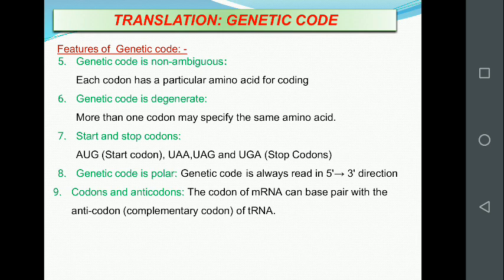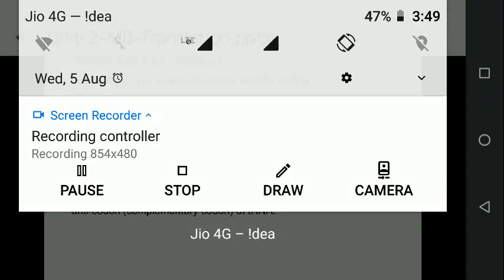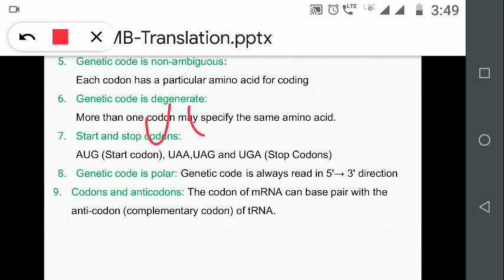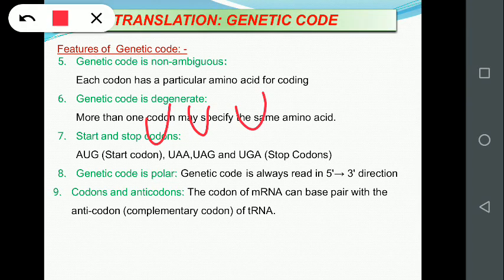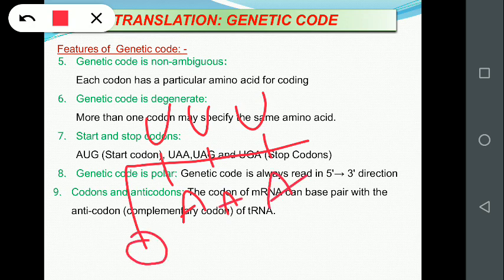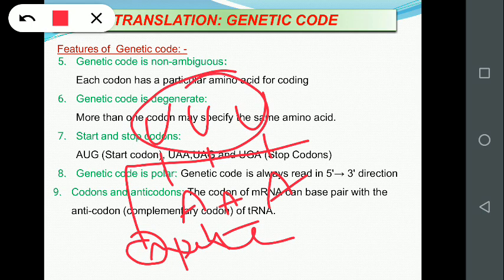So suppose you have UUU in mRNA, then the tRNA will have AAA in its anticodon, that carries phenylalanine. So this UUU codes for phenylalanine.